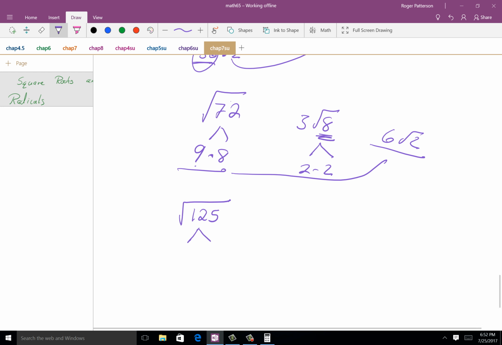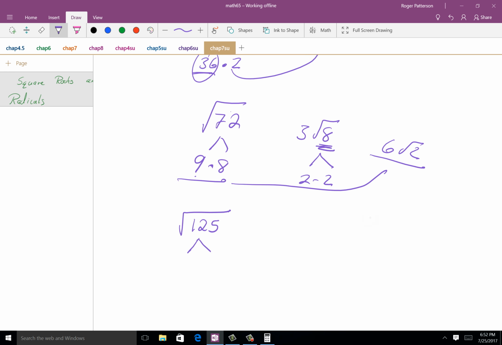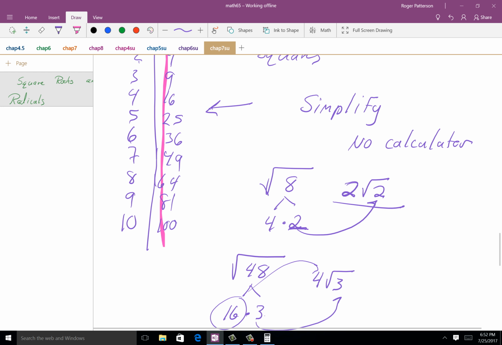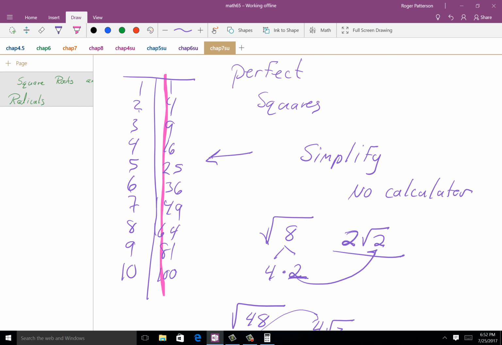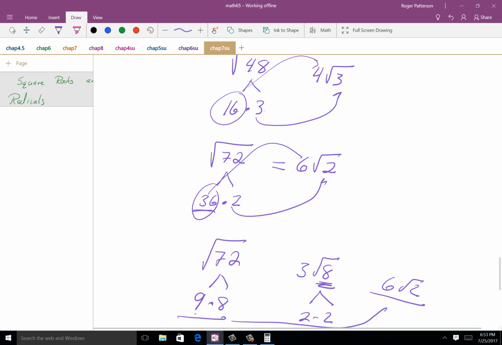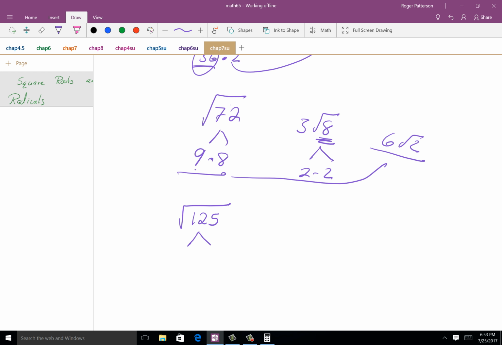Okay, 125. What's our number that goes into 125? This one's pretty straightforward. 25. How many times does 25 go in there? 5 times.